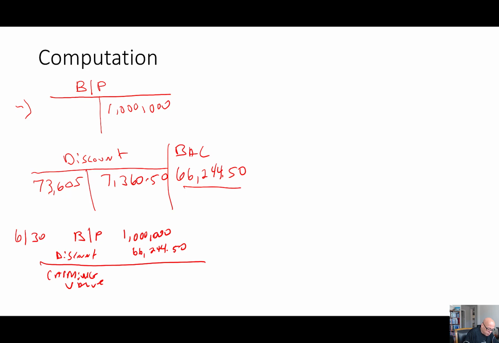So the carrying value, sometimes it's called book value. Carrying value, book value, etc. are synonymous. Okay, I'm calculating $933,755.50. So when you look at that carrying value at 6/30 versus the carrying value at 1/1, this is all year one.